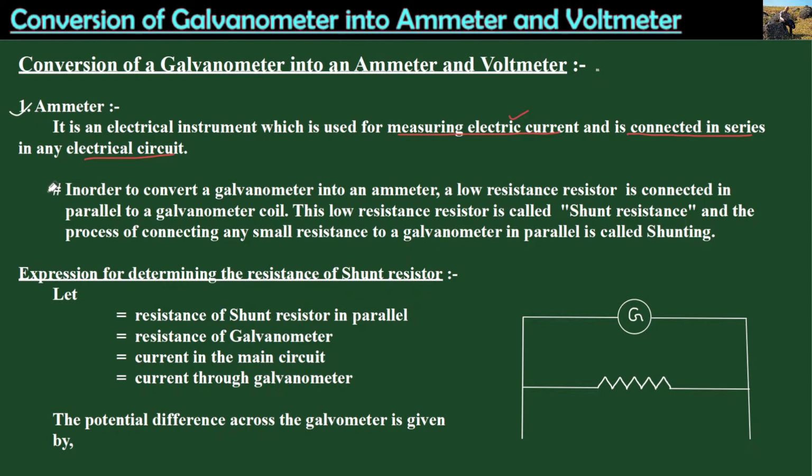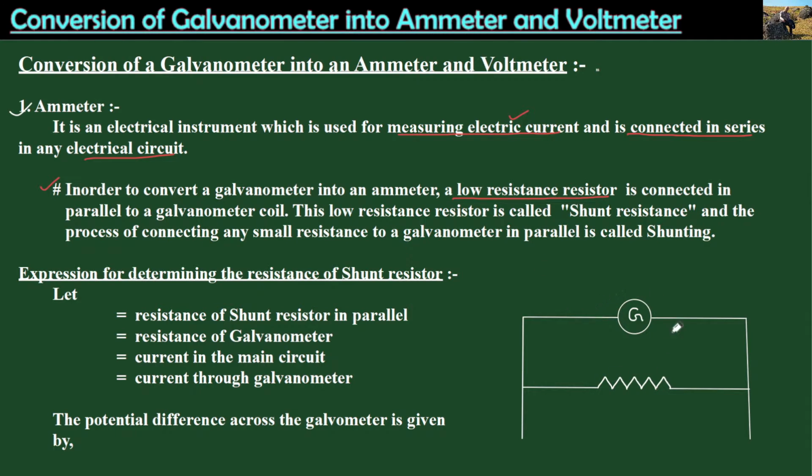Now, what are the emphases laid down for the conversion of a galvanometer into an ammeter? For you to convert a galvanometer into an ammeter, you have to connect a low resistance resistor.